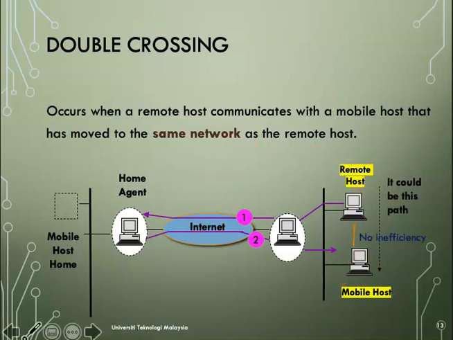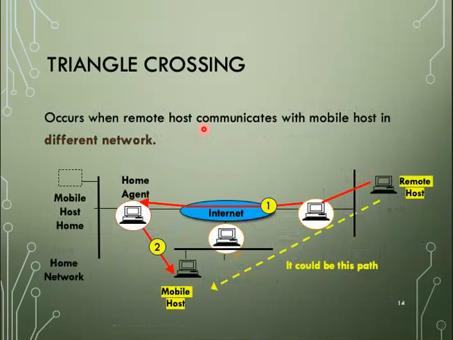There's no inefficiency from mobile host to remote host, but from remote host to mobile host, the packet will cross the internet twice.